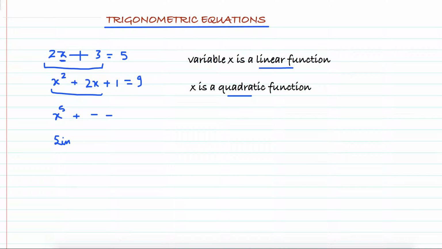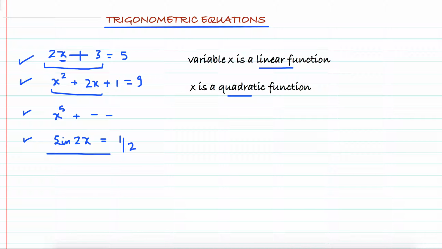We have been studying trigonometric functions for some time. So it may be given sine 2x is equal to 1 by 2. In all the equations we were finding the value of x, but x was taking different functions in the different equations.